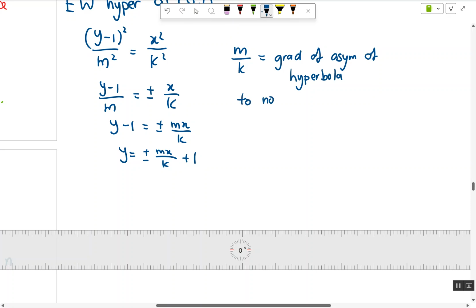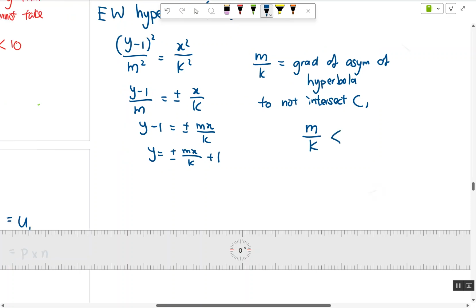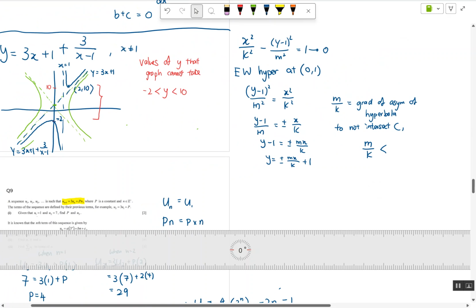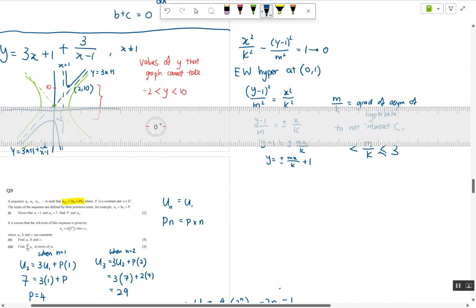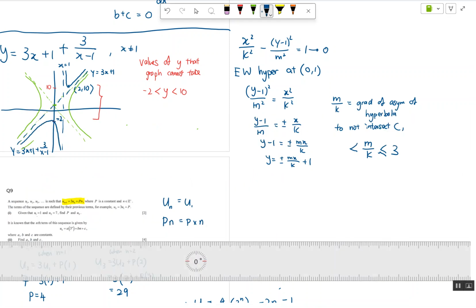To not intersect C, my m over k must be less than. Now, when it's equal to 3, does it intersect or not? Yes, right. So it can be equal to 3. But it must be strictly greater than, can the gradient be 0? No, strictly greater than 0. And that is the answer.